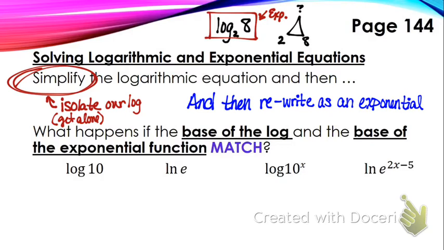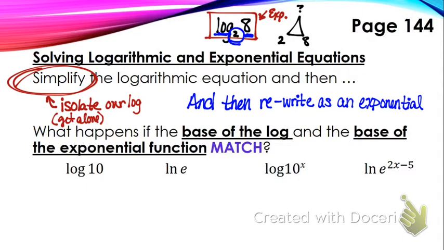When I say get the log alone, it's the word, the base, and the argument. All of those things have to go together. We can't split the argument or the base away from the log. They all stay connected and they move as one unit.